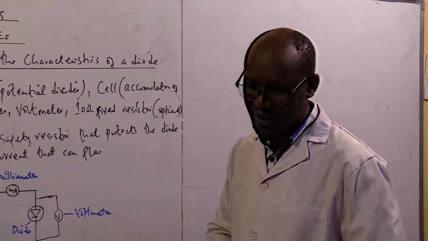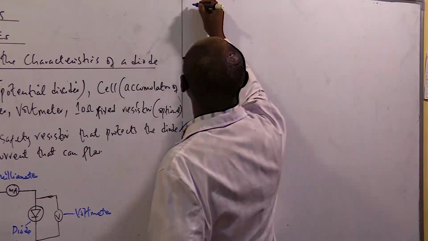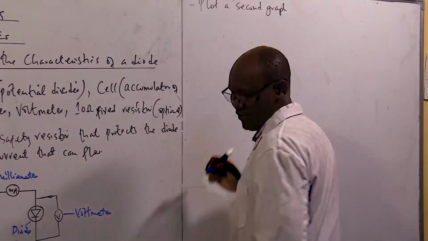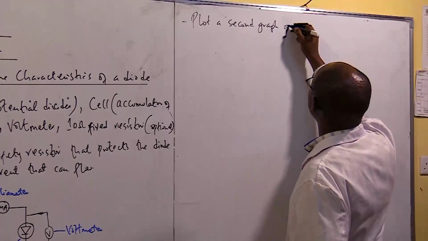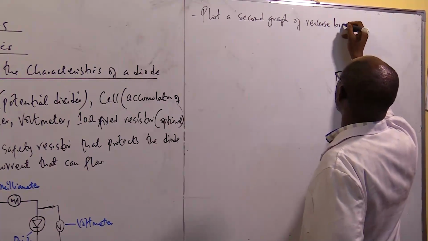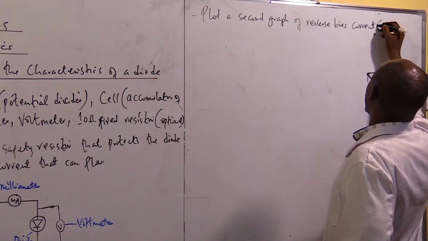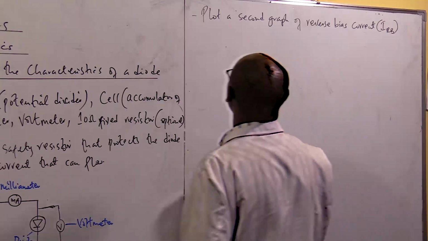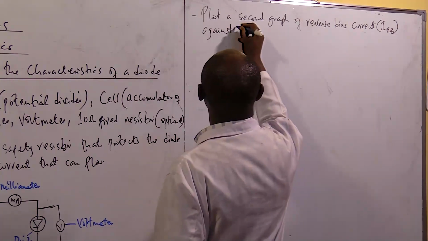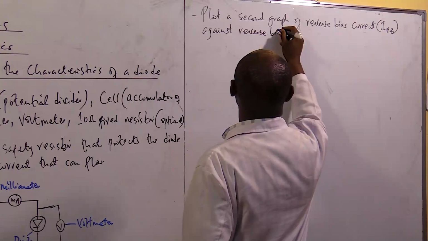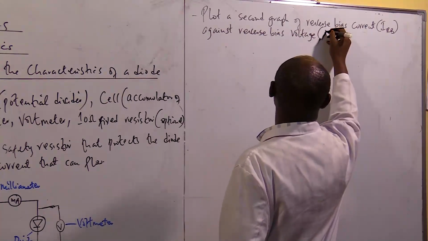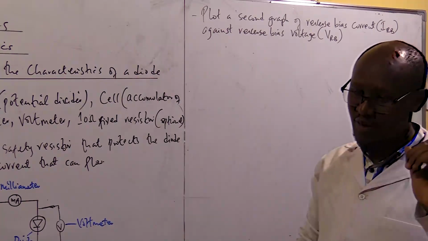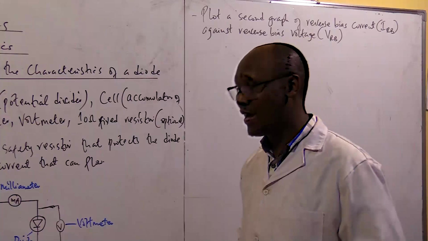With the data obtained, plot a second graph of reverse bias current, IRB in milliamperes, against reverse bias voltage. So that is what you'll be able to have: reverse bias voltage with reverse bias current.